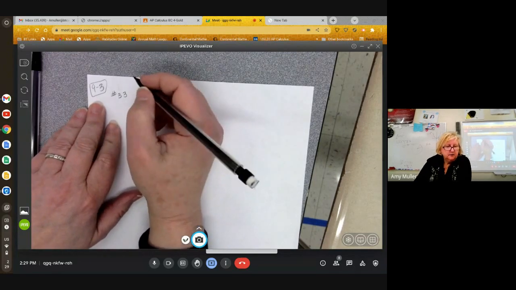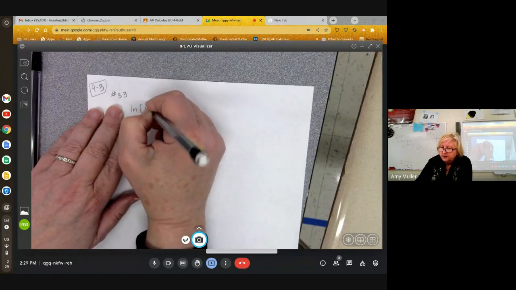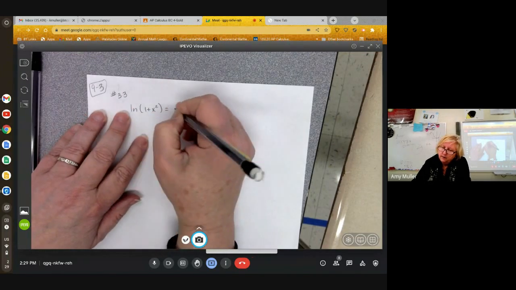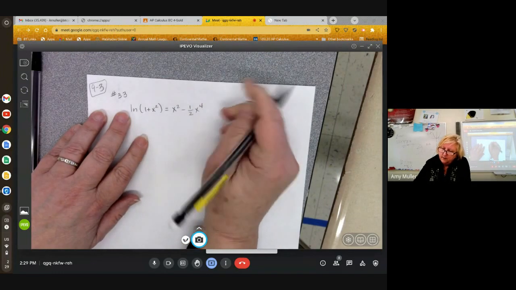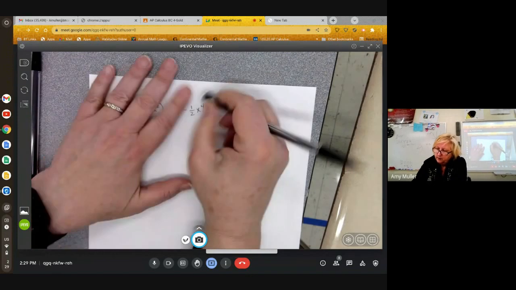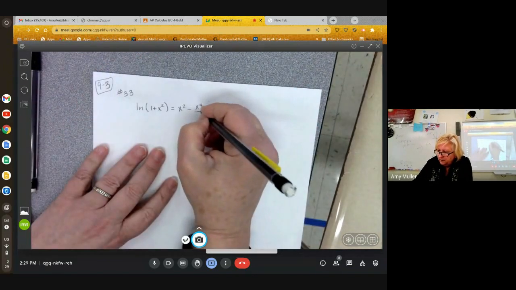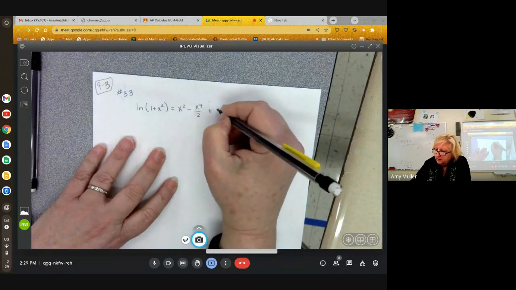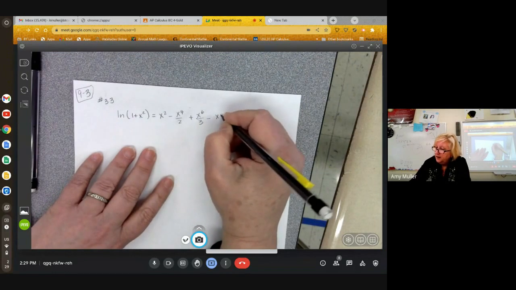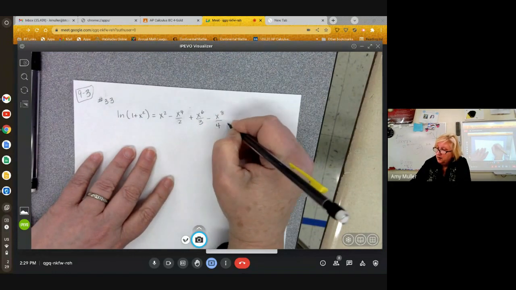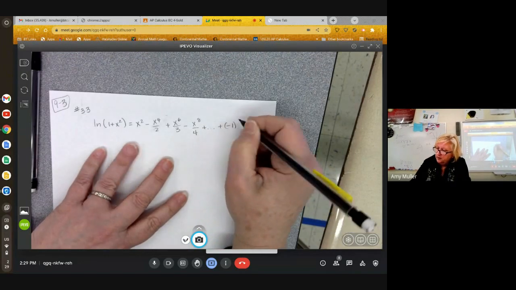Okay, so what is the series in part C? What is the natural log of 1 plus X squared? It's X squared minus 1/2 X to the 4th plus 1/3 X to the 6th, minus X to the 8th over 4.